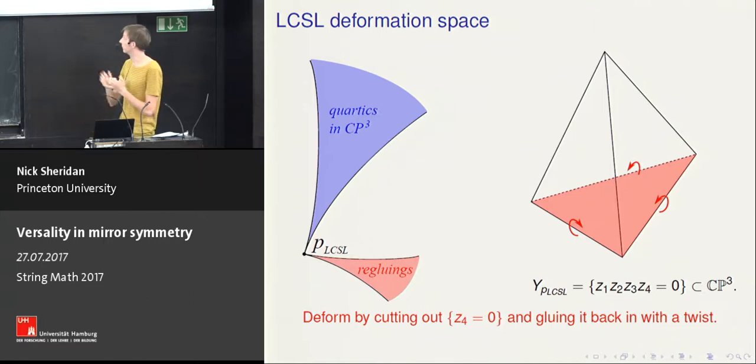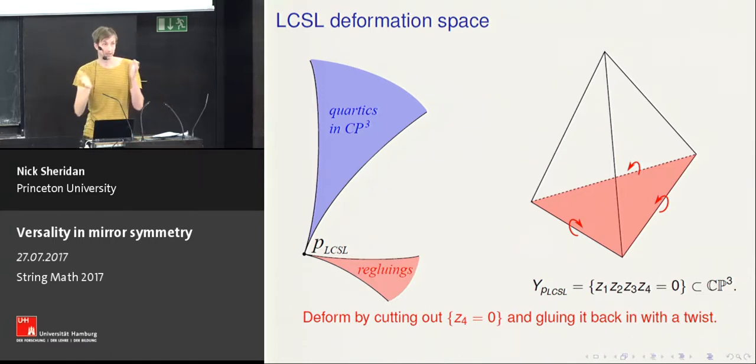So we actually have a non-trivial way of deforming this guy by re-gluing. And that gives some kind of extra component of the space of deformations of this guy.